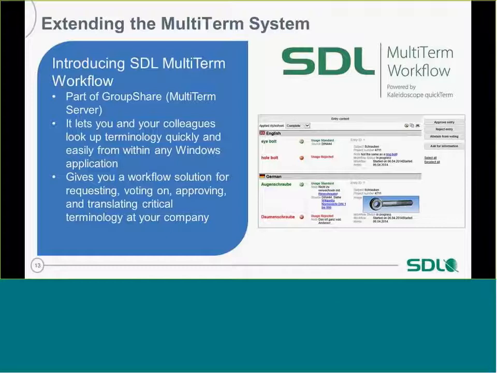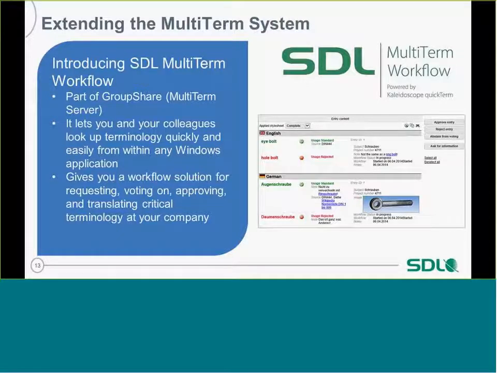As I mentioned, one of the products we'll soon launch, and this is part of GroupShare nonetheless, is MultiTerm Workflow. This is powered by Kaleidoscope, which is one of our partners, but is part of MultiTerm and sold directly by SDL. This allows us to create terminology workflows on top of MultiTerm.